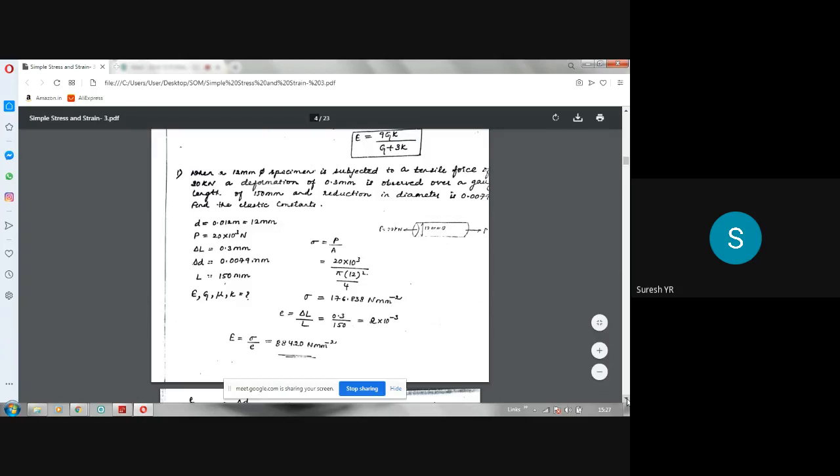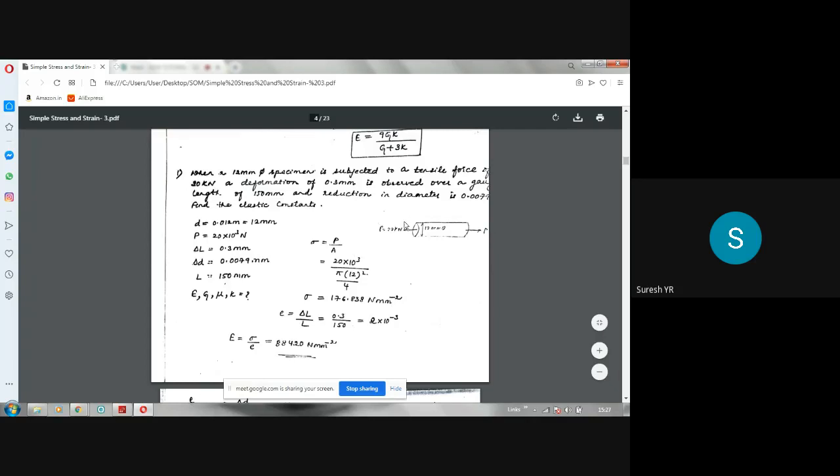Find the elastic constants. Understand the problem here. Elastic constants means all the four we have to find out: E, G, mu, K. I have drawn the diagram here. This is a 12 mm diameter circular specimen rod subjected to a tensile force or pull of 20 kilonewton.